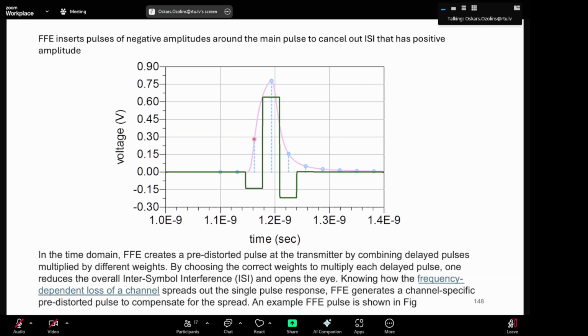And then you can define that at this highest level you have a cursor, so you have precursors and you have postcursors, and then what you need to do is generate a pulse which has this kind of shape, just to cancel out this tail and cancel out this tail, just to confine the signal energy here. That is how it is done with this equalizer.